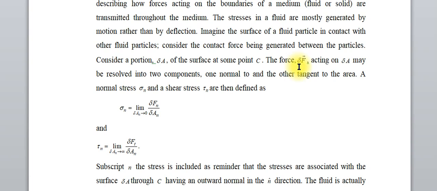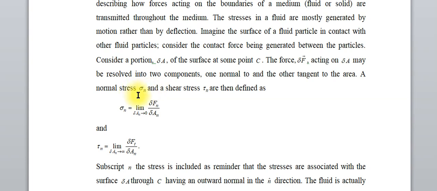So this force will be resolved into two forces, Ft, and we call this Fn. Fn means the force which is normal to the area, and Ft is the force which is tangential to the area.